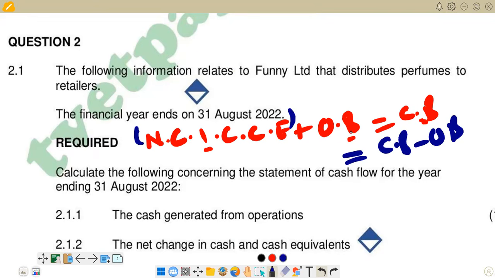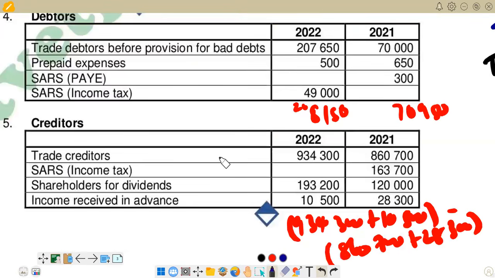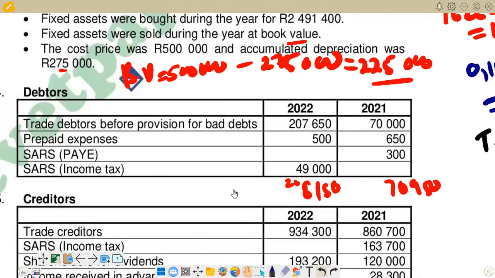So we go to the question now and try to see the closing balance and the opening balance. In the question, you see that cash and cash equivalents are given there on top. Let's go and check the figures for cash and cash equivalents in the beginning and end.